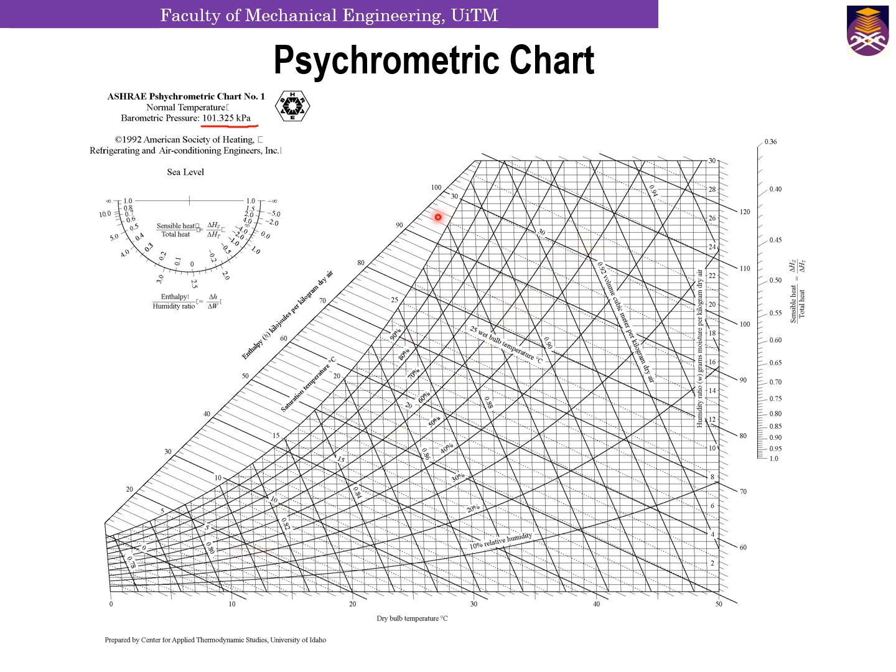So those are the lines for specific volume, and you will see that the unit is cubic meter per kilogram of dry air. You can also find the enthalpy, based on the scale given here.